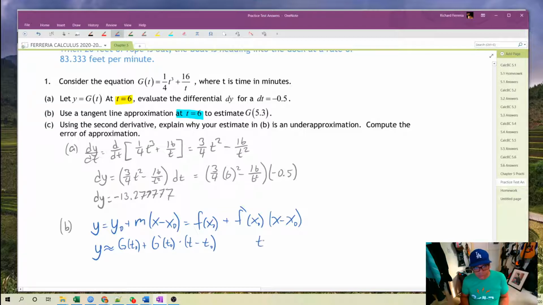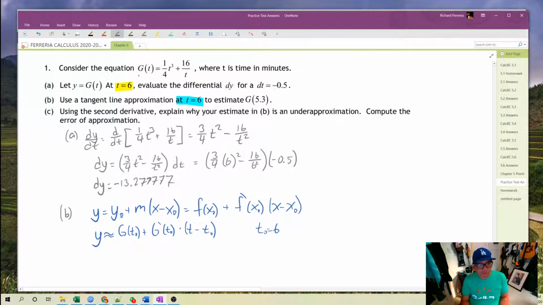And of course, t naught equals 6. So even more to this, we're going to get y is approximately equal to g of 6 plus g prime of 6 multiplied by t minus 6.